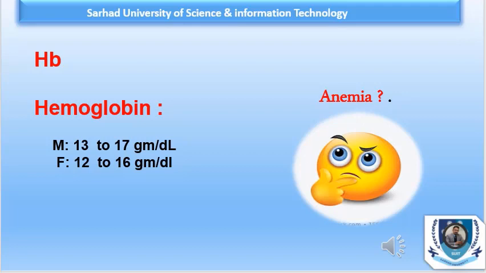For male, the normal range is 13 to 17 gram per deciliter, and for female, it's 12 to 16 gram per deciliter. Hemoglobin is the first parameter we look for, and on the basis of hemoglobin, we go for further indices. When we see that hemoglobin is low, then we look at MCV, MCH and MCHC, to see whether the anemia is microcytic, macrocytic, or normocytic.